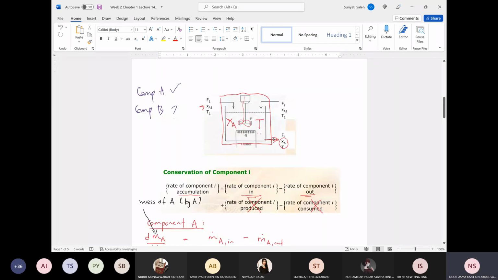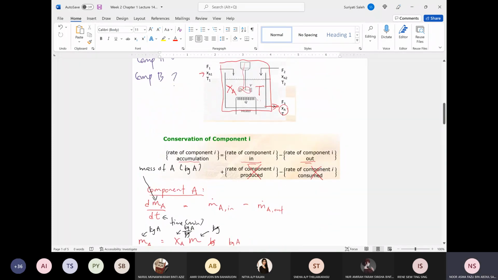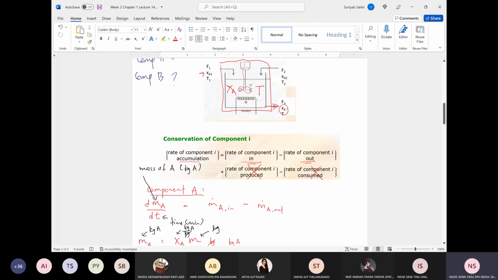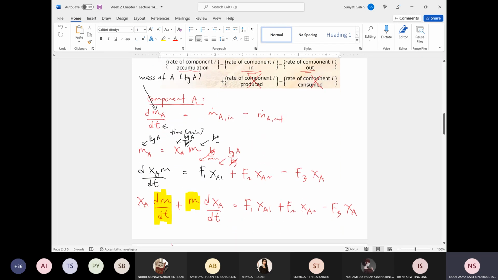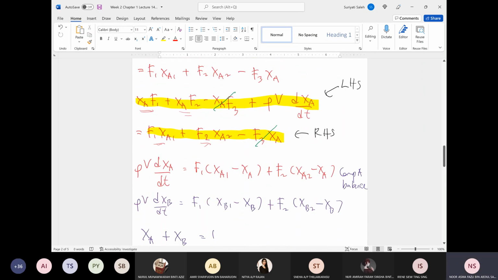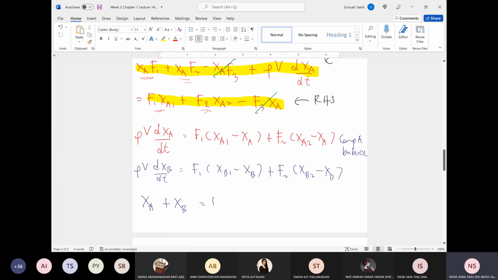And then for the conservation of component, this case study involved 2 components, component A and component B, where the unit involved for the component is mass fraction. So we account the mass change of component A, and in the end, we get the following component A balance. Since this case involves 2 components, there are 2 ways to obtain the component B balance.